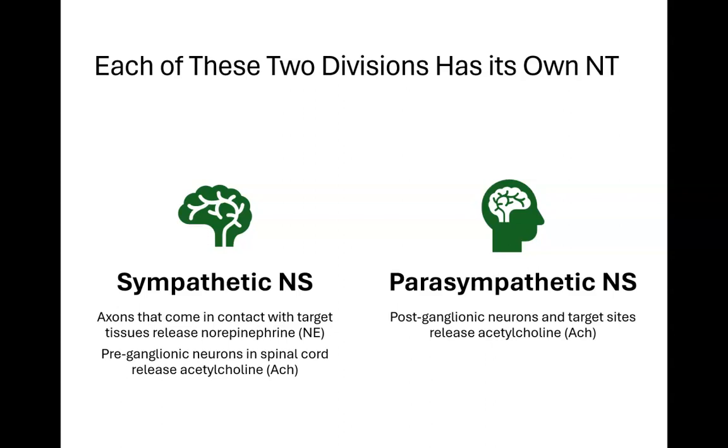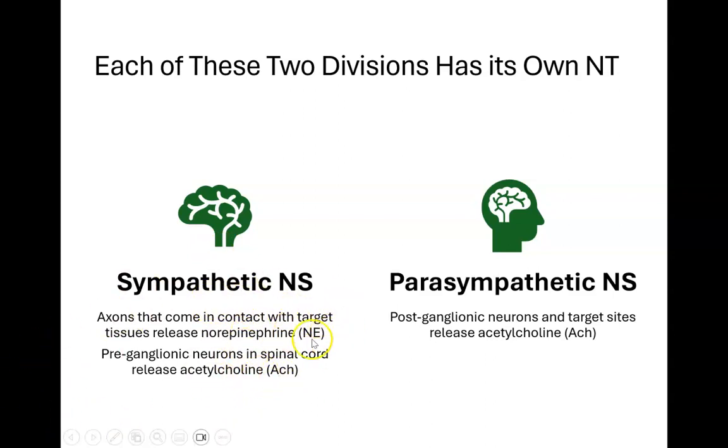So as I mentioned, each of these two divisions has its own primary neurotransmitter. In the sympathetic nervous system, it's a little bit more complicated. Axons that come into contact with the target tissues are going to release norepinephrine, but prior to those, preganglionic neurons that are not making contact with those target tissues are actually going to release acetylcholine instead.